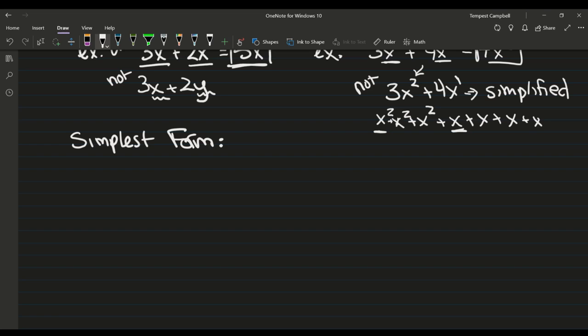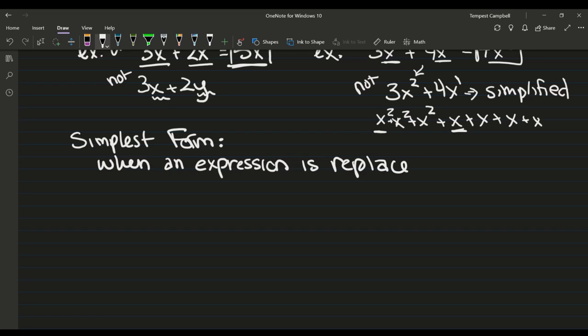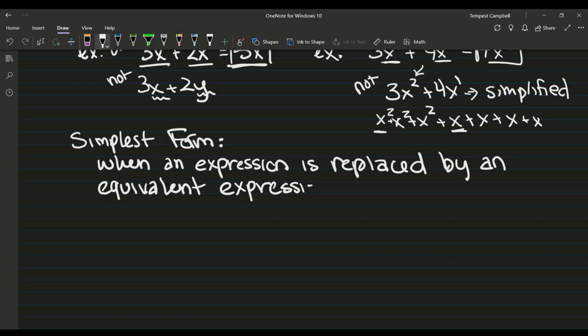We're looking at the idea of when an expression is replaced by an equivalent expression with no like terms or parentheses.